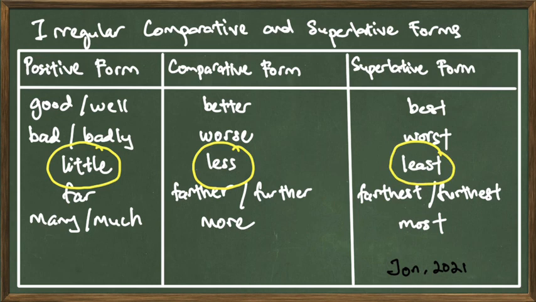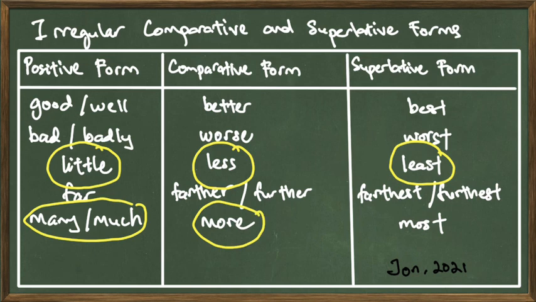Another example, many or much. When you use it in the comparative form, you need to use more. And if you want to use it in the superlative form, you need to use most. You can see the spelling changes, ejaan dia berubah. There is no shortcut. I would recommend you to memorize this by heart.